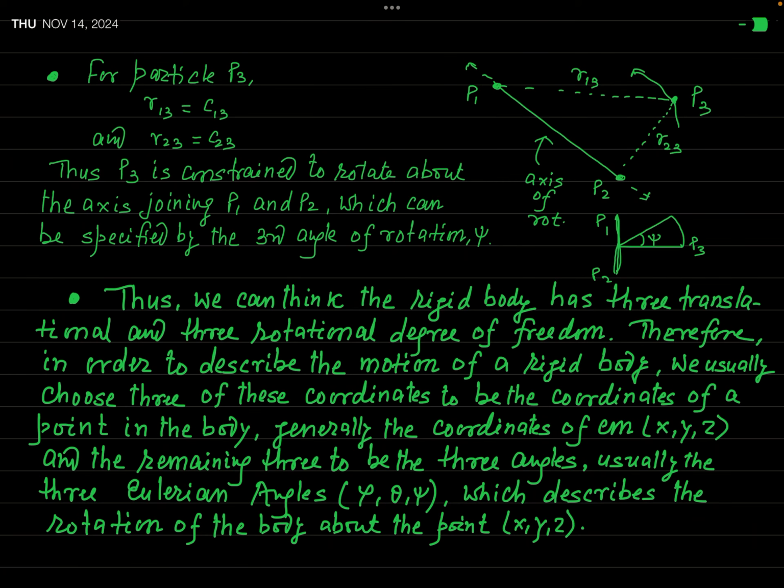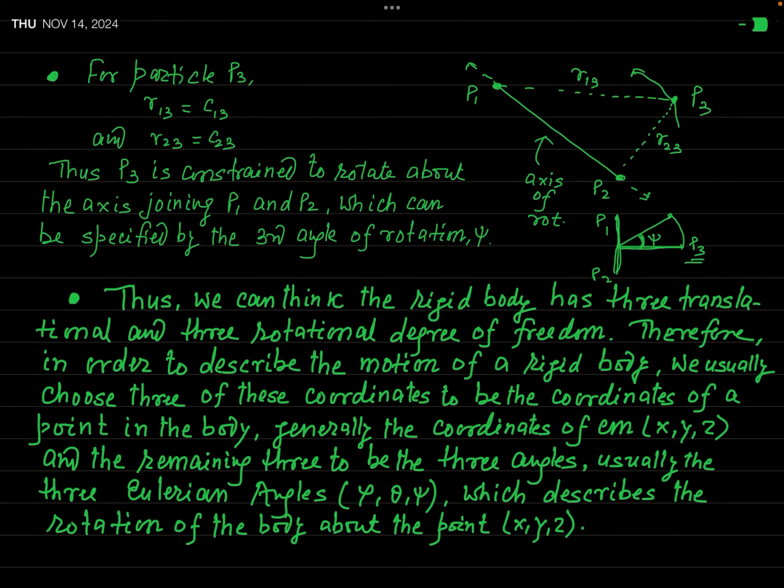If you join the positions of particle P1 and P2, then P3 will rotate about this axis. Initially P3 was here, and at any time t it is at this position, and it has been rotated by this angle psi. So this psi will completely determine the motion of particle P3 relative to P1 and P2.